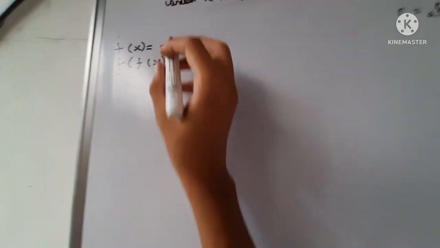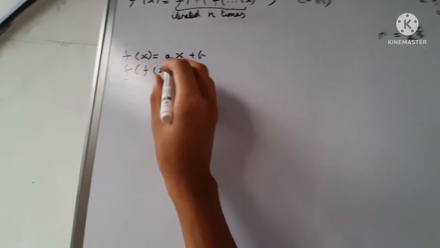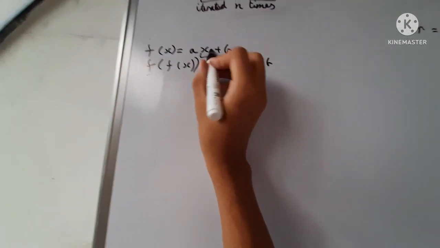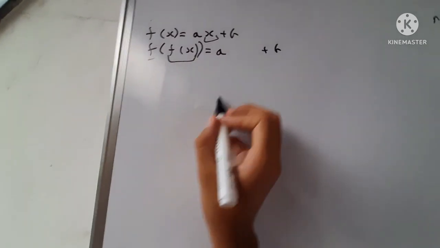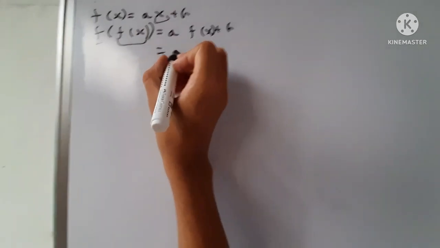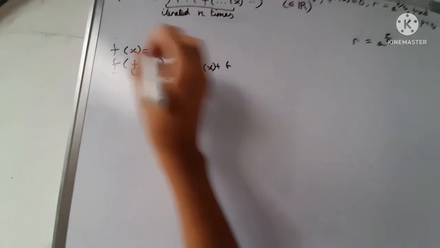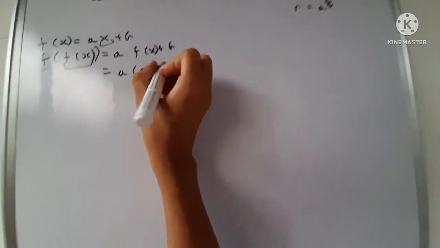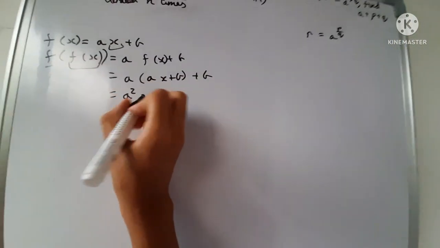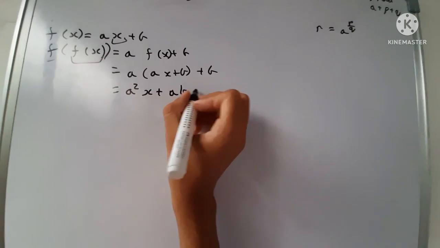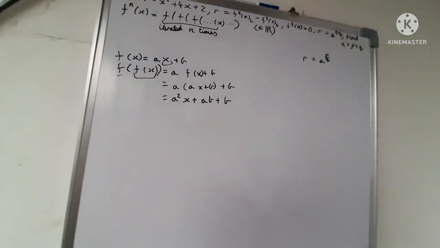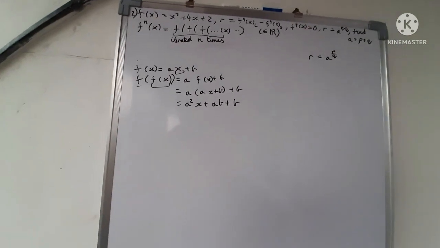We have f evaluated at something. That something is going to be of the form ax plus b, but our x here is f of x in this case. So we have a times f of x plus b. So we have a times ax plus b, so it's a squared x plus ab plus b, maybe. Is that math? Yes, that's math.